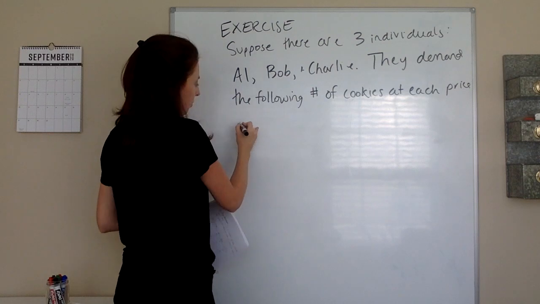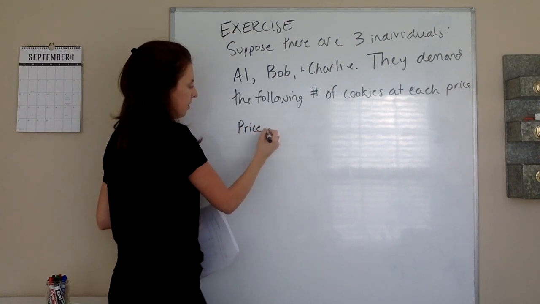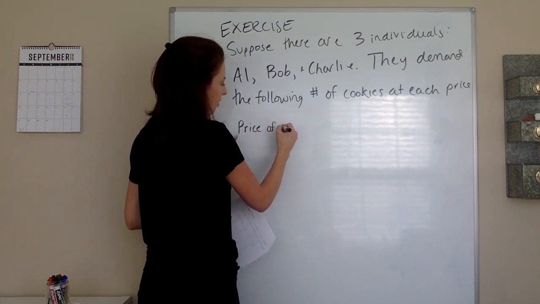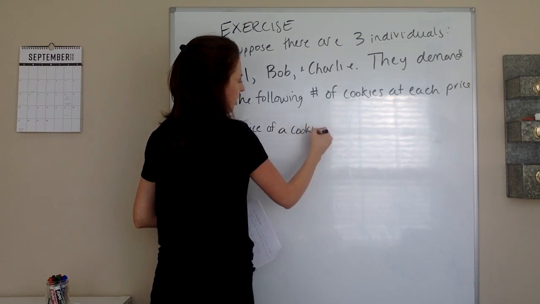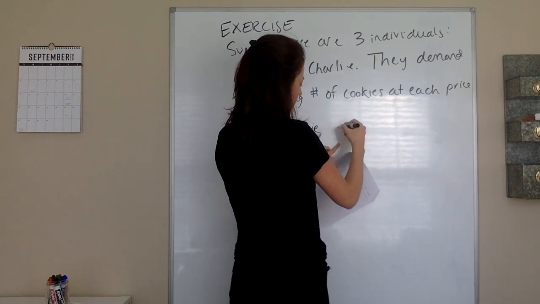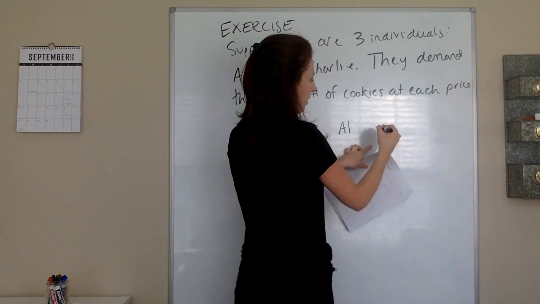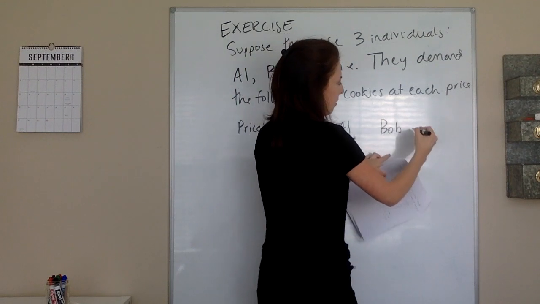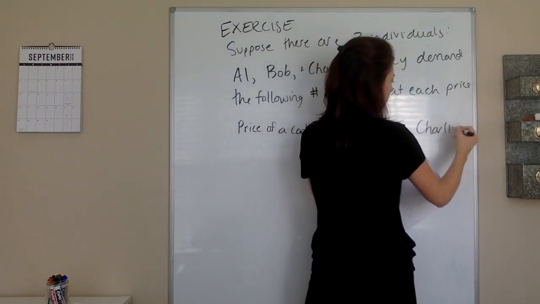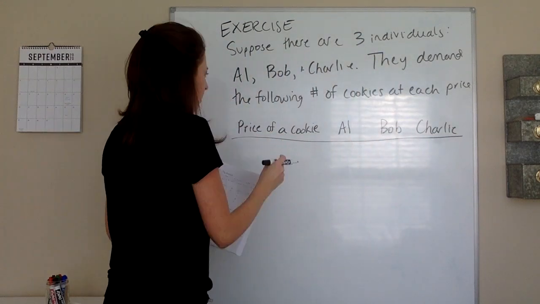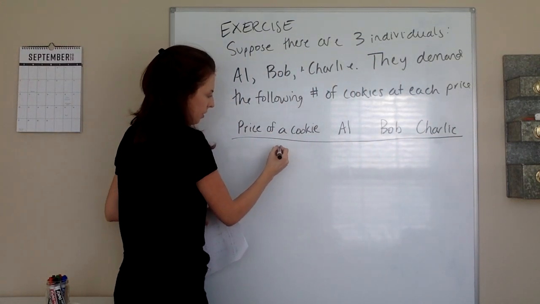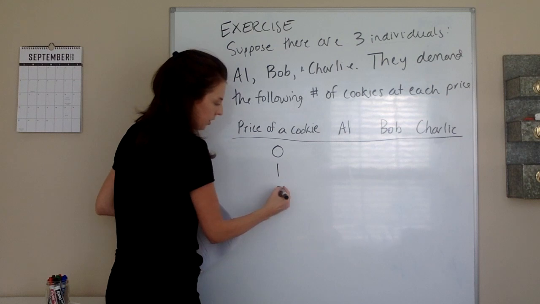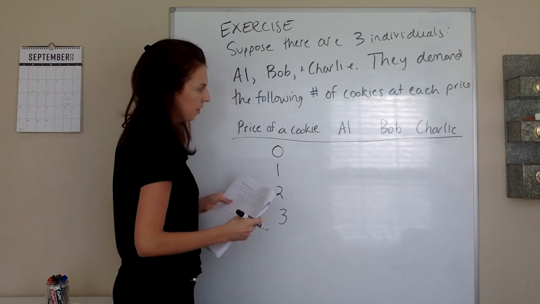So we're going to have in the first column the price of cookies, or the price of a cookie. And then the second column is going to be Al's quantity demanded, then we're going to have Bob's quantity demanded, and then we're going to have Charlie's quantity demanded. Okay, the prices here, I'm going to make them simpler, so it's going to be 0, 1, 2, and 3.